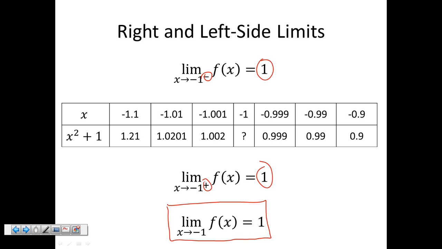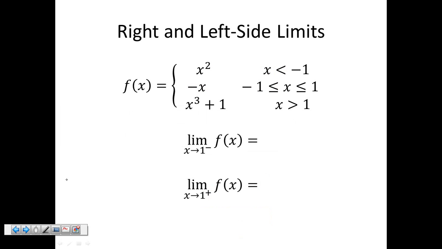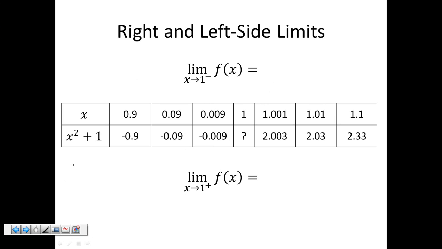Now let's look at another example though. If I want to take the limit as x approaches 1, not negative 1, from the left and from the right, I need to use the appropriate rules. I'm going to use the middle rule as I approach 1 from the left. I'm going to use that bottom rule when I approach 1 from the right. Taking a look from the left, I have to look at the left side of the table.